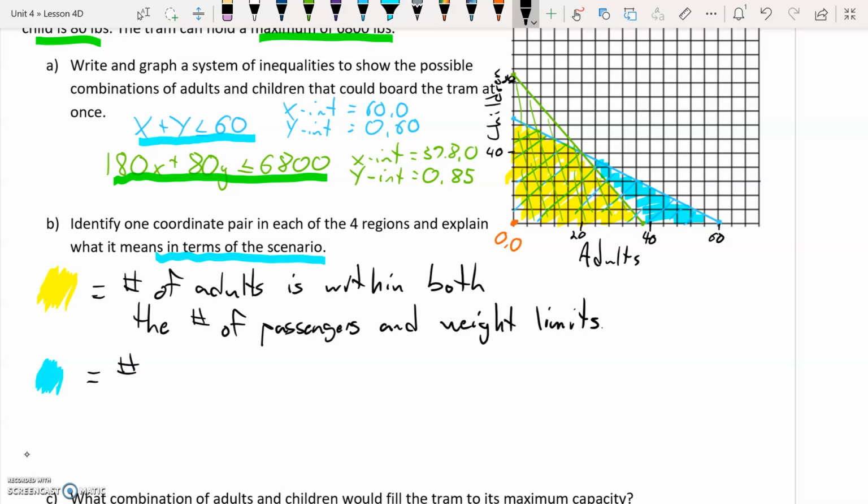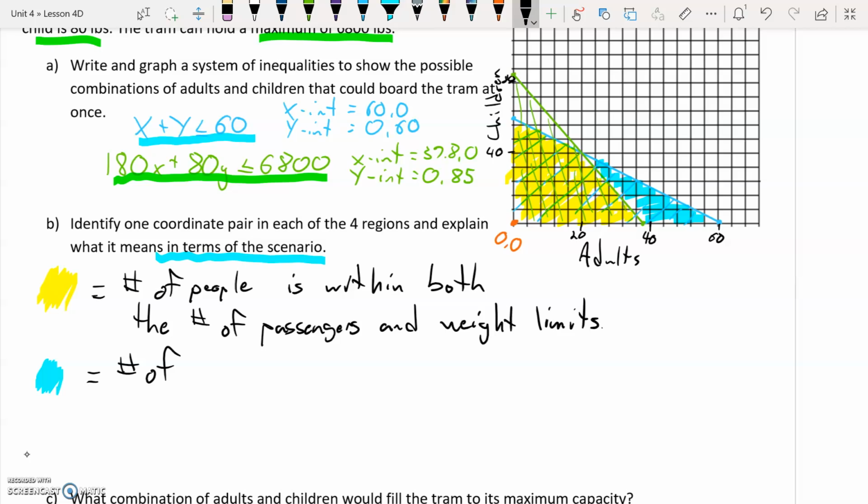Oh, I just realized, typo up here, it should be the number of people is within both the number of passengers and the weight limit.